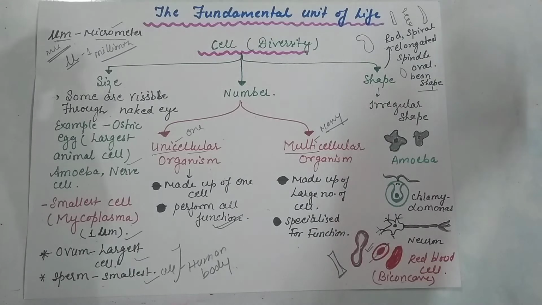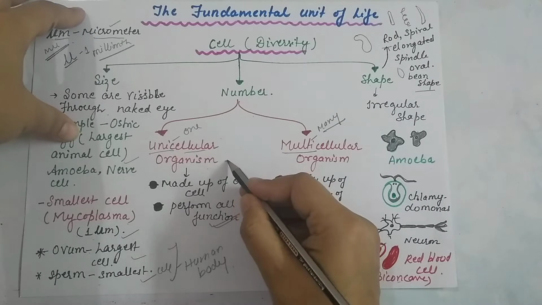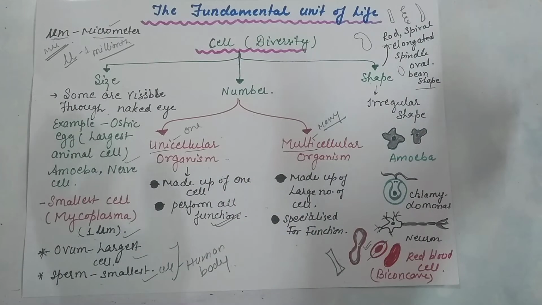Let's take an example. If only one person is living in a home, that person has to do everything: the household work, the kitchen work, all of it. This is the same as a unicellular organism, where all functions are performed by one cell only.